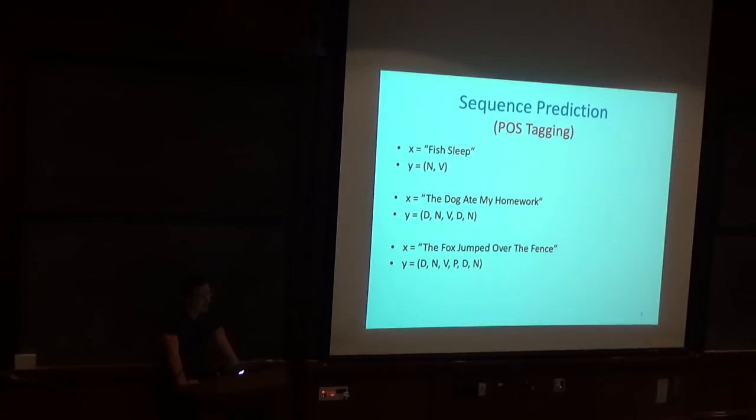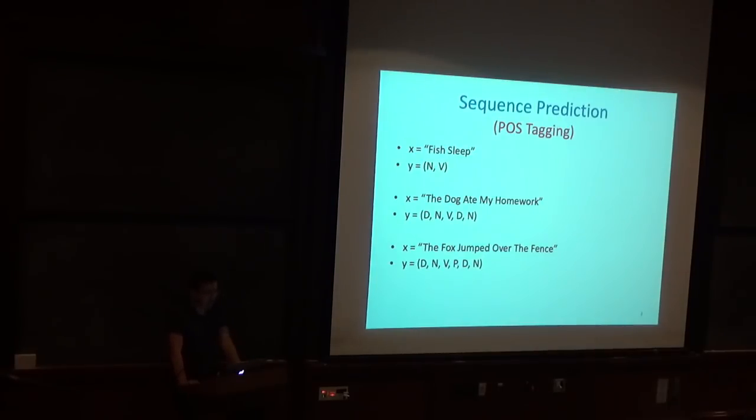In part of speech tagging, the input is a sequence of words. Let's assume English words for now. And the output is a sequence of part of speech tags. For simplicity, let's just think about the very simple kind, such as noun, verb, determiner, pronoun, adjective, preposition, stuff like that. These are just three examples.